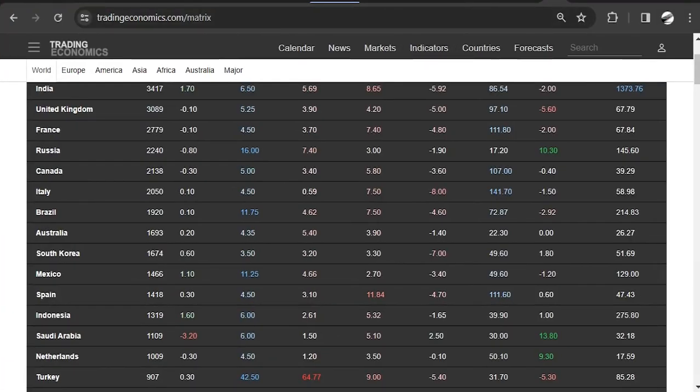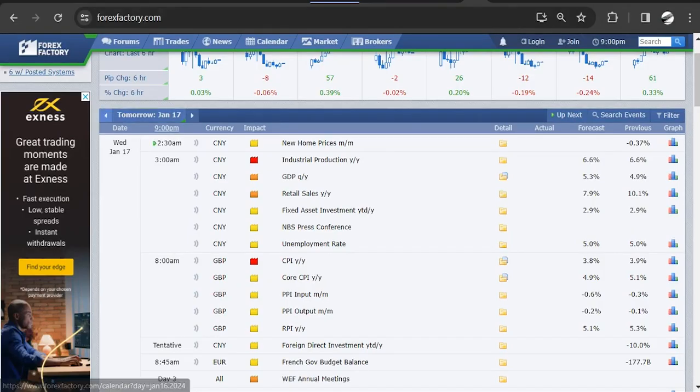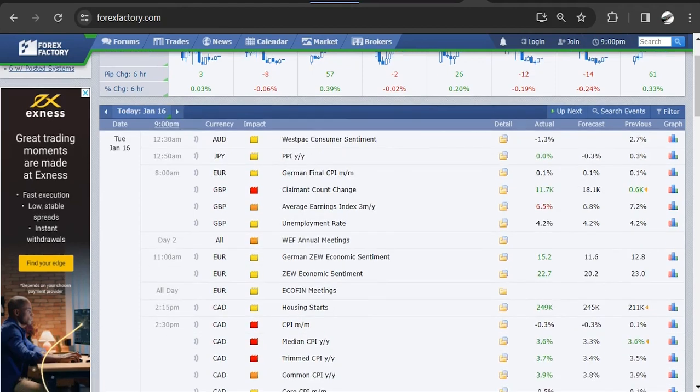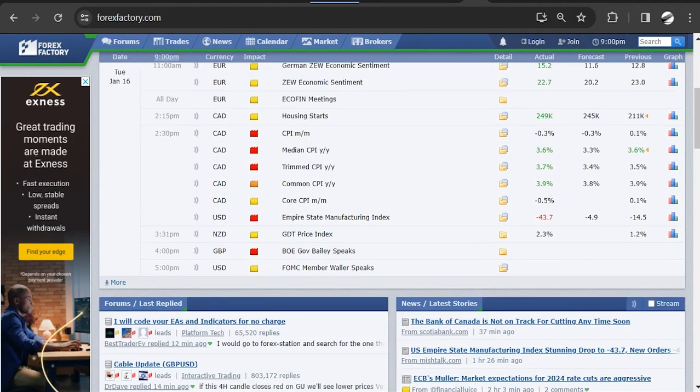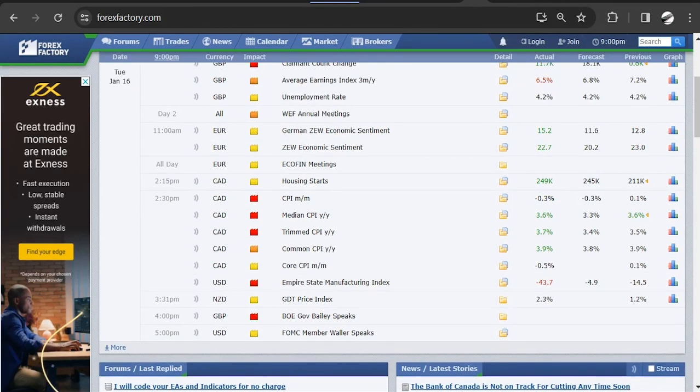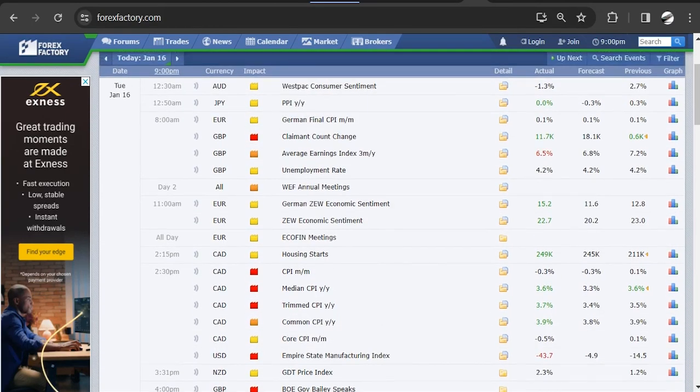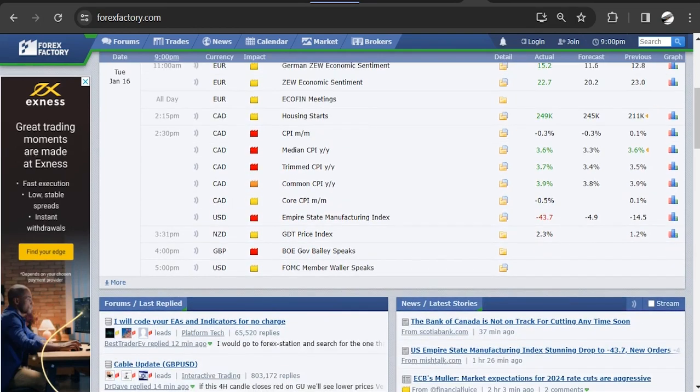For example, here is today's news. Some of these news can talk about interest rates. So when news about interest rate is released, it is going to affect the currency at that time.